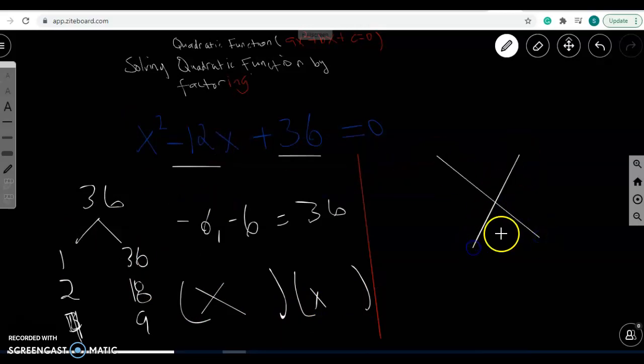Yeah, so normally you can use a crisscross method, which is what 36 here. We realize that 6 times 6 gives us that, and when you add, you have to get this negative 12. So because of that, we have to put negative here, negative here. So once we know those numbers, we put it here.